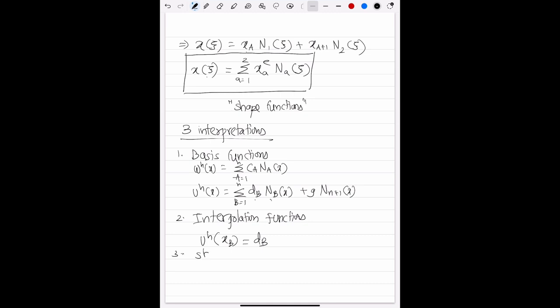And finally, the third interpretation is that these basis functions are also shape functions, because they also define the mapping from the local coordinate psi to the global coordinate x. So these are the three interpretations of these basis functions.